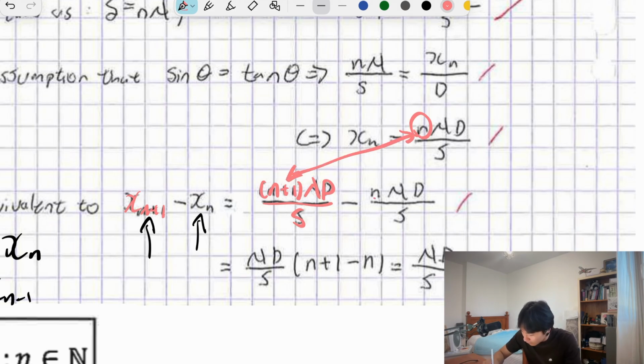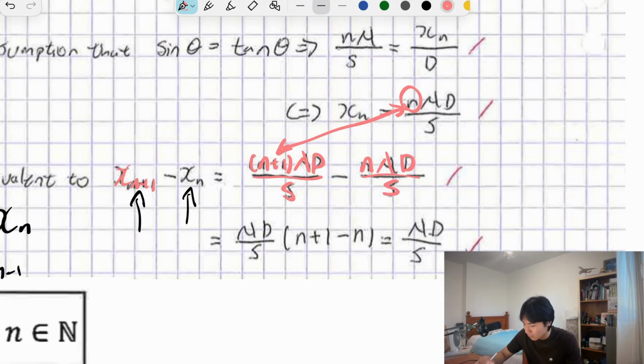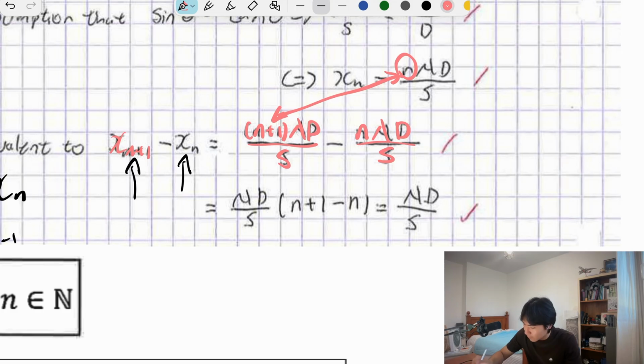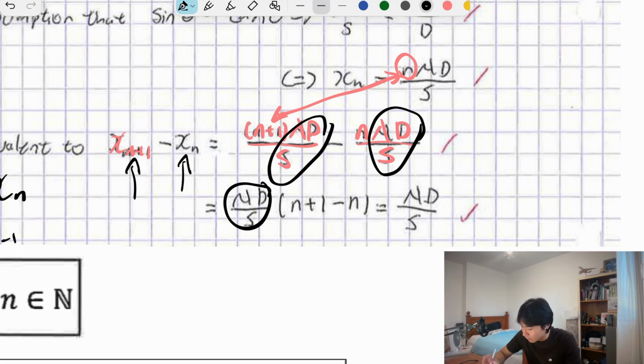And then here we just write the n because it's not any special term, just n. And then we can write this down as n times lambda times d all over s, right? And what do we notice? We can collect like terms. We can just factorize by lambda d over s. That's what I did. I factorized by lambda d over s.